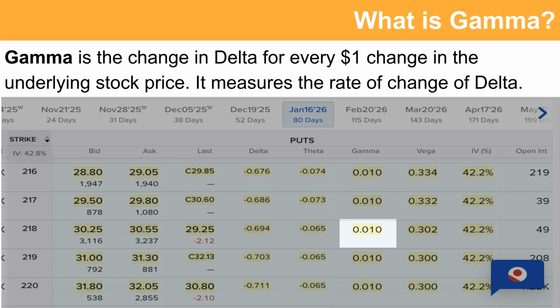So it's just important to point out at this stage that delta, which we've discussed already, doesn't stay stagnant. It's constantly moving every day as the share price moves up and down. The rate at which delta moves is gamma, and gamma is the change in delta for every $1 change in the underlying stock price. You can see here, for example, that the gamma on our NVIDIA put option is 0.010.